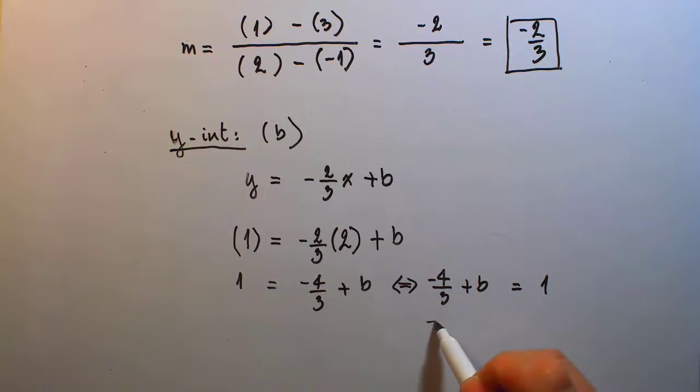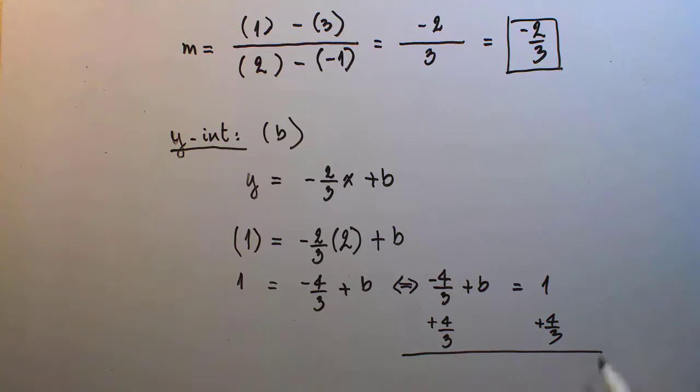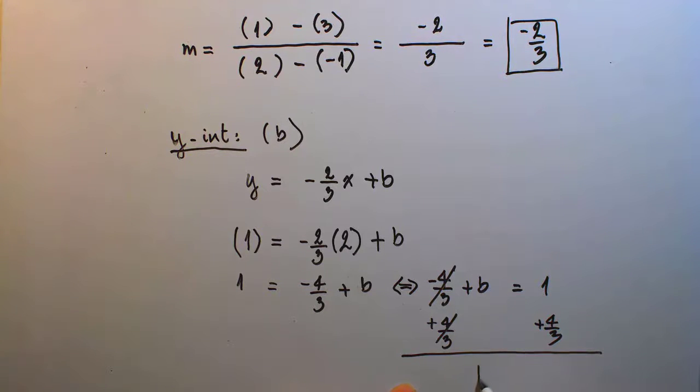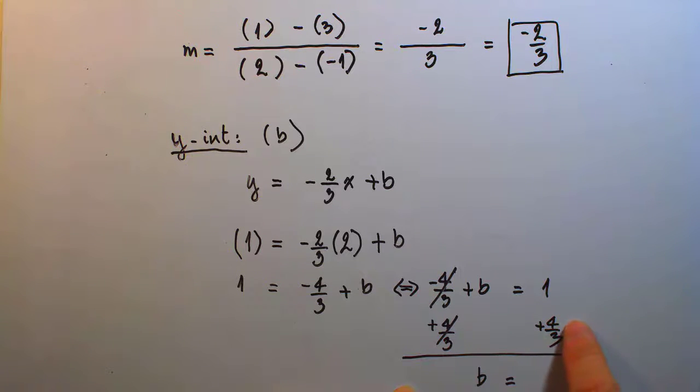I am now going to add 4/3 to both sides of the equation. Now the left hand side cancels out the 4/3, leaving behind b equals, and the right hand side is just a matter of adding 4/3 with 1.